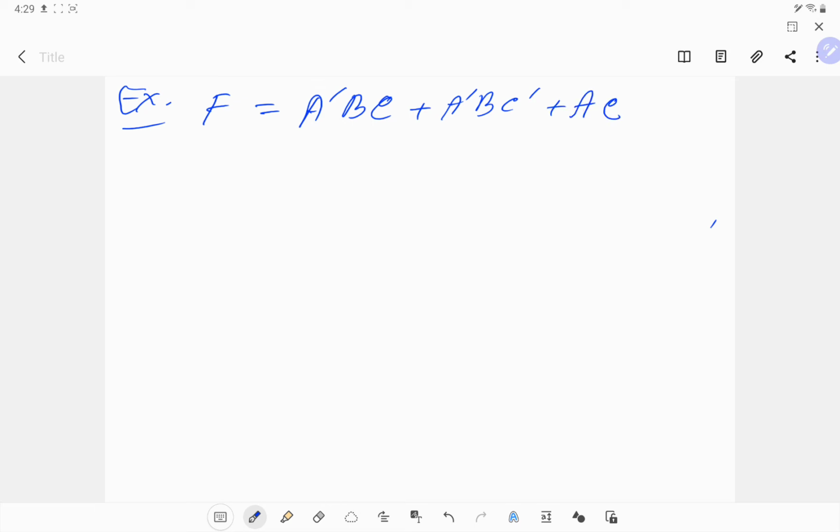Now if we want to draw this logic circuit, then how do we do it?